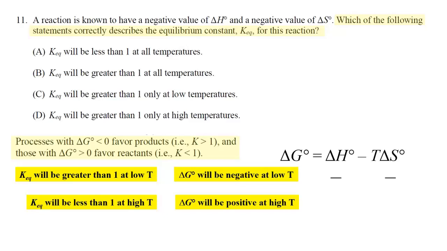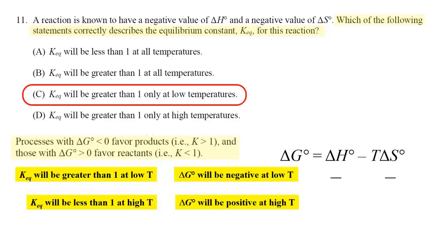K will be less than 1 at high temperatures when delta G is positive. So I can conclude that the correct answer to question 11 is choice C. The process is favored at low temperatures, so K will be greater than 1 only at low temperatures. So again, the correct answer to question 11 is choice C.